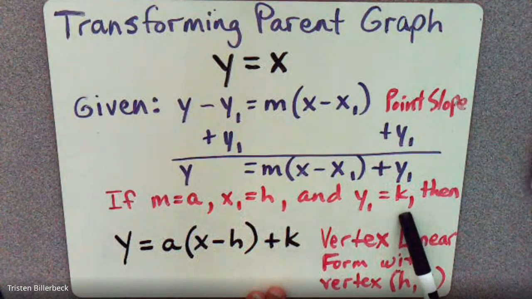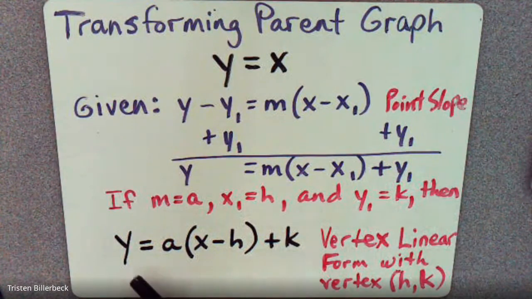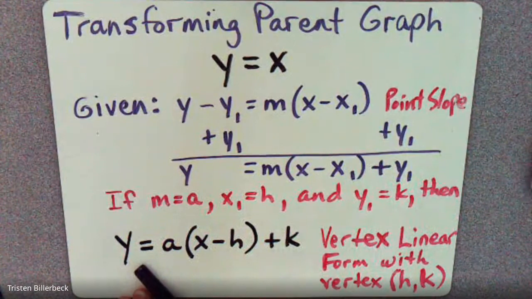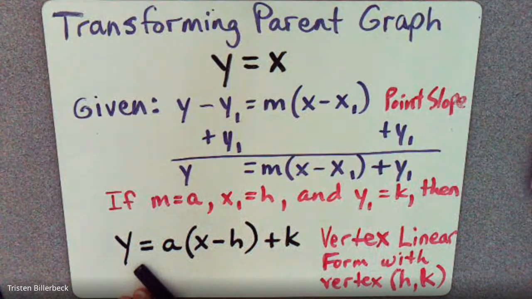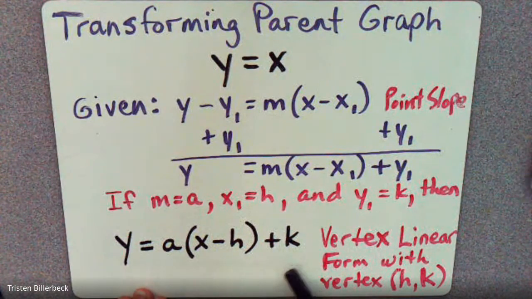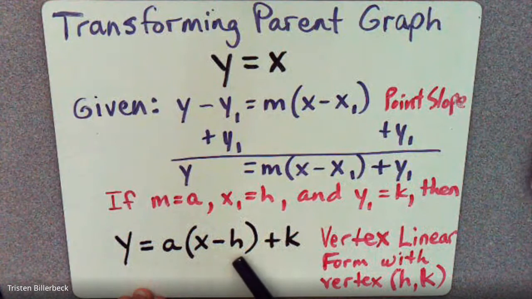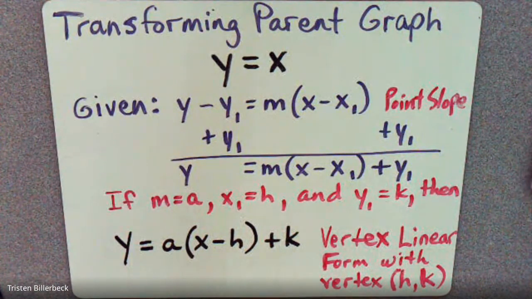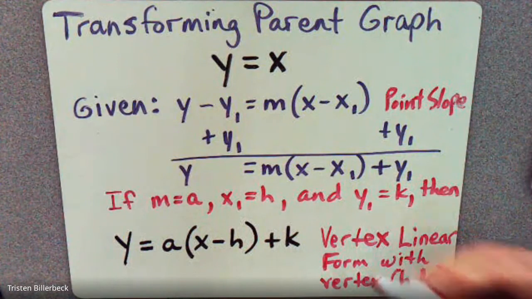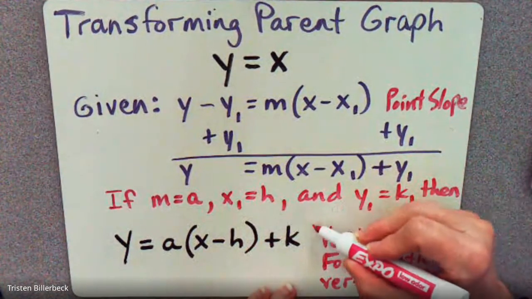Now if we substitute slope for the value of a, x1 for the value of h, and y1 for the value of k, you get something very similar to the vertex form of a parabola, but it's a linear function. So this is y equals a times the quantity x minus h plus k. It's kind of like the vertex, even though there is no vertex.